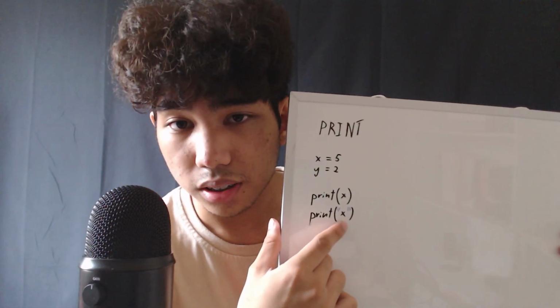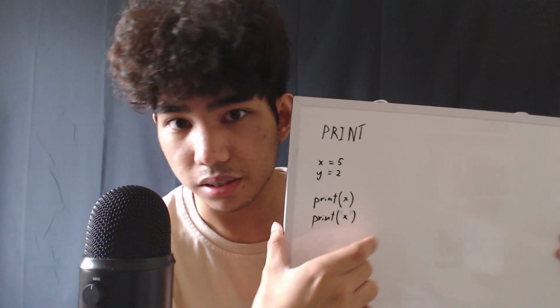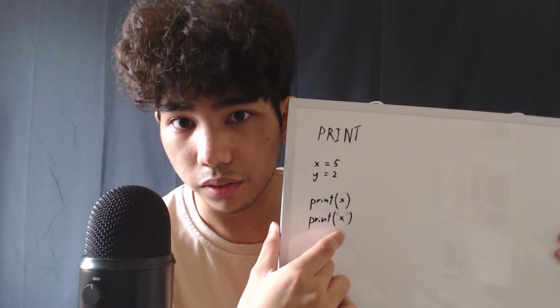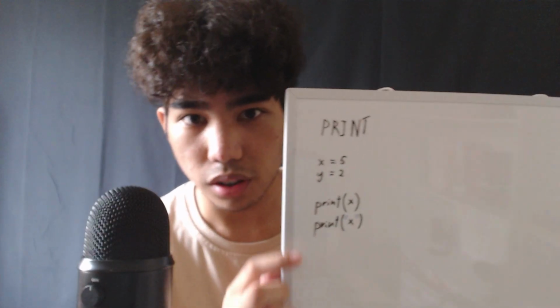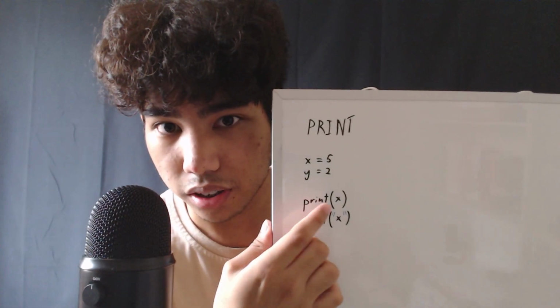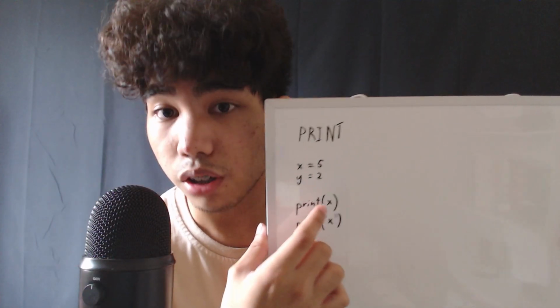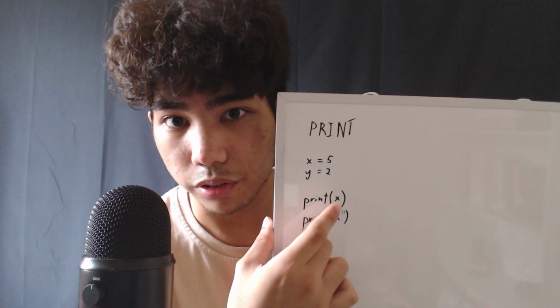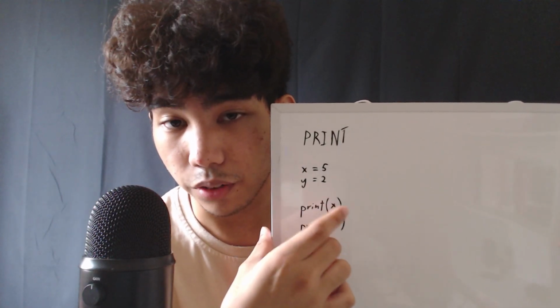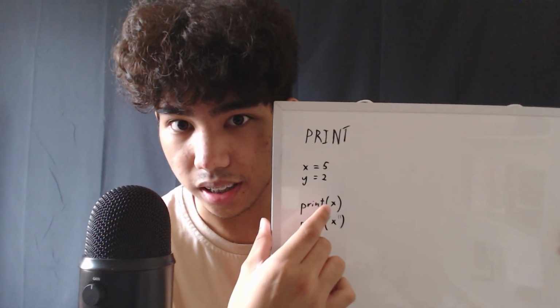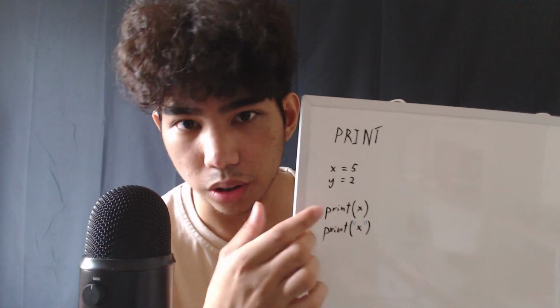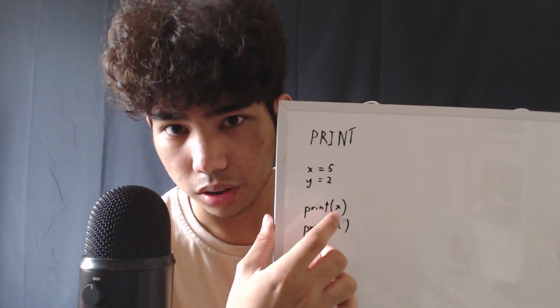So x would be printed out in the console, not 5. But if you want to print 5, simply just focus, please. Simply put print and parentheses, no quotation marks, as you're referencing the variable itself, which has the value of 5, and therefore this x is no longer going to be printed as x, it's going to be printed as 5 because there are no quotation marks.